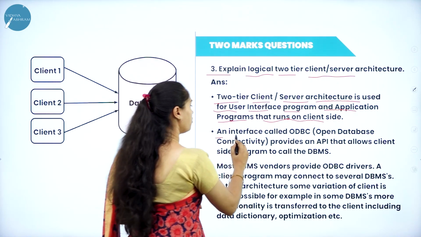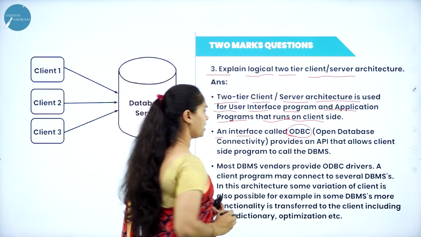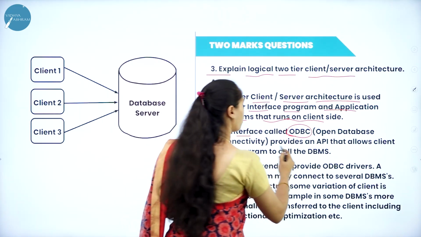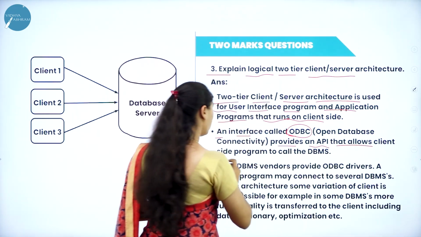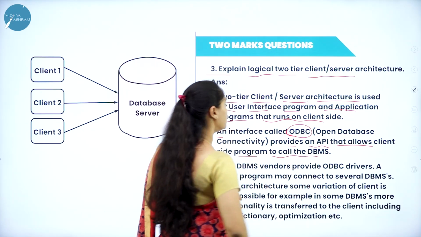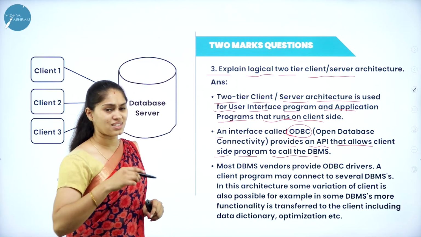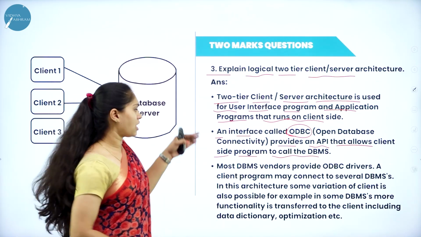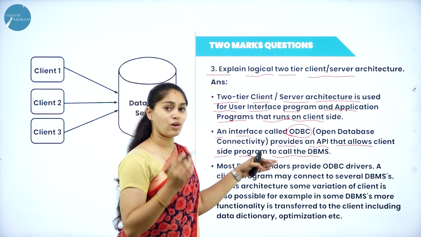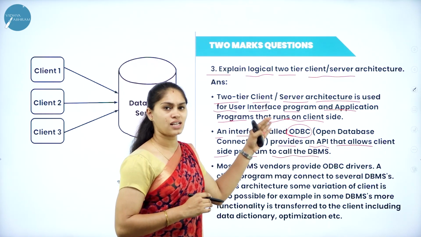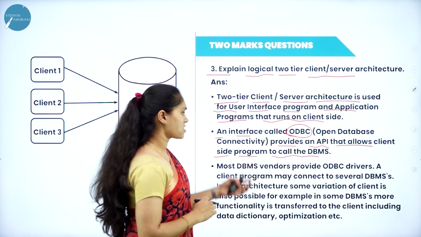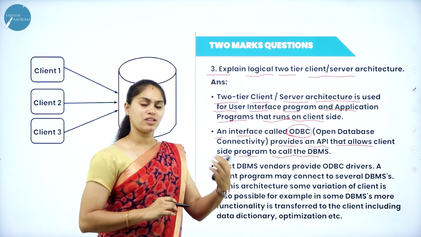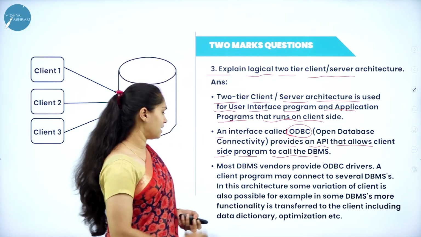Then an interface called ODBC, that means Open Database Connectivity, will provide an API that allows client-side programs to call the DBMS. That ODBC line will act as the interface between the client and the server. So that will act as an API, that is, application program interface. Then that allows the user to communicate with a DBMS.